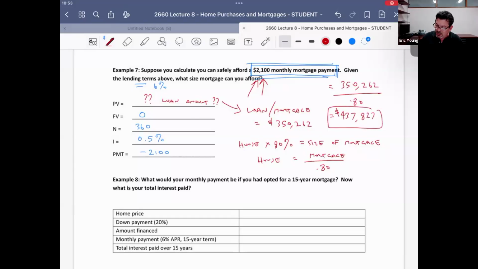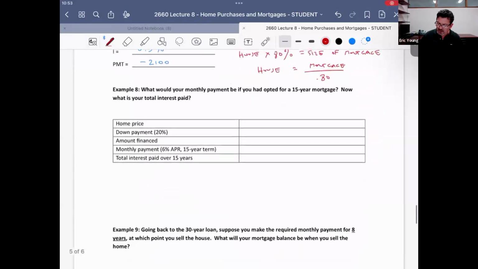So you can take out a loan of $350,262, but dividing that by 0.8 tells you that you can actually take out a loan to buy a house worth 437,827. Okay?